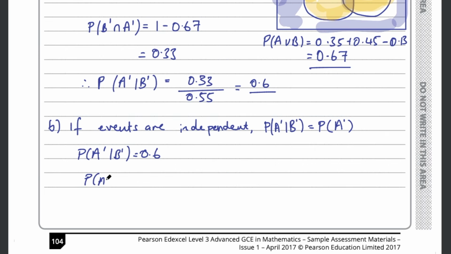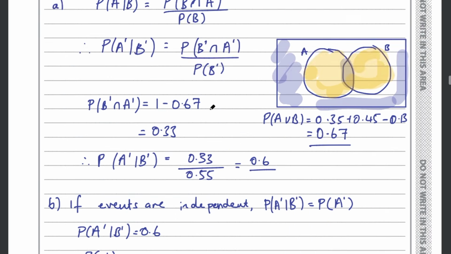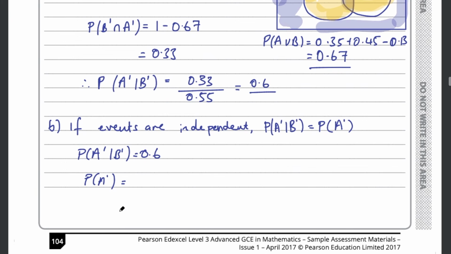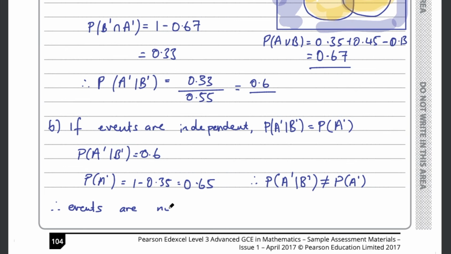Probability of A complement equals 1 minus 0.35 is 0.65. So therefore, the probability of A complement given B complement does not equal the probability of A complement. Therefore, events A and B are not independent. So you can clearly see that one event is affecting the outcomes of the other event.